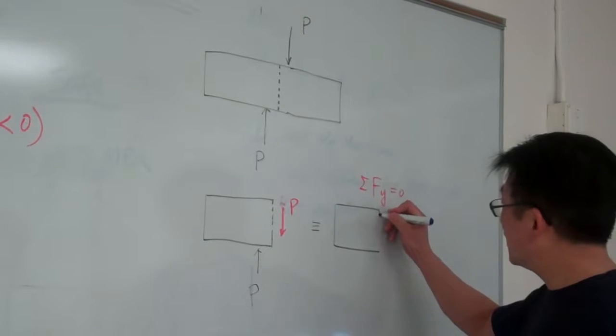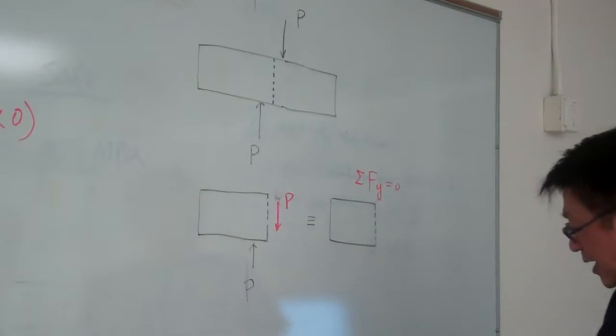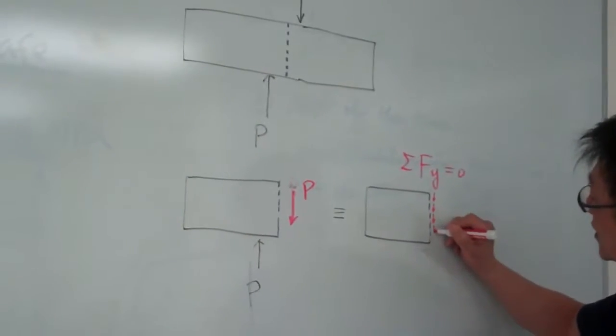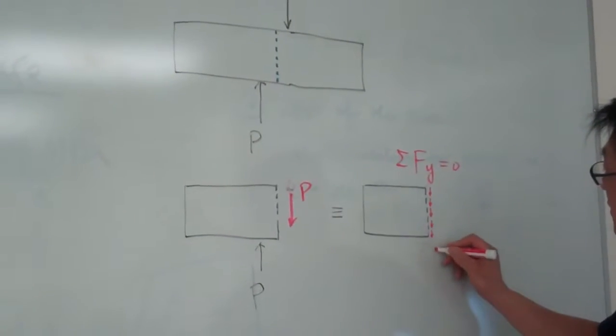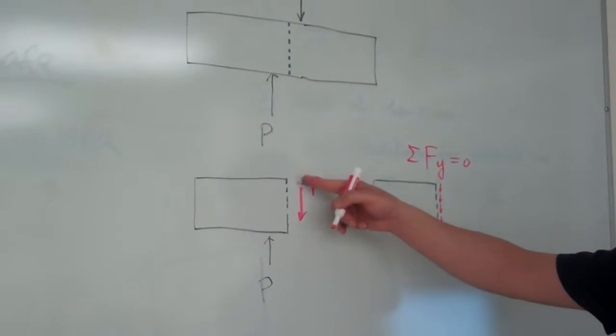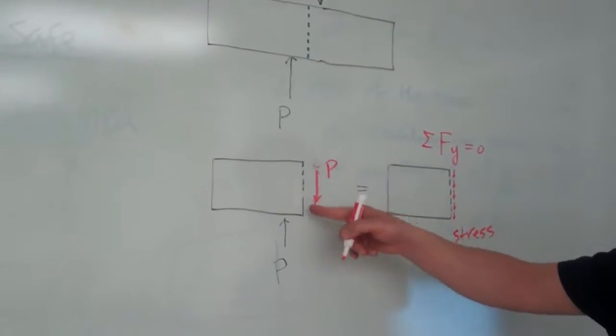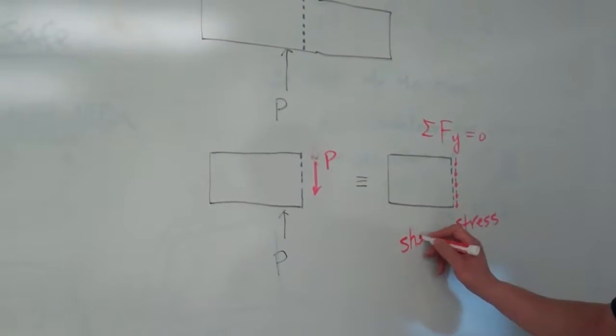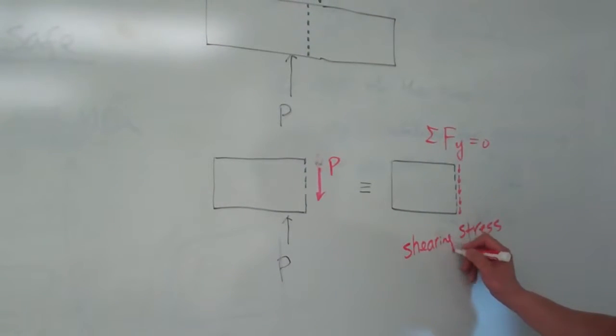So this is our cross section, and basically the stress can be represented by this. This stress is induced by this loading, and this loading is parallel to the cross section. So here we find this is the shear stress.